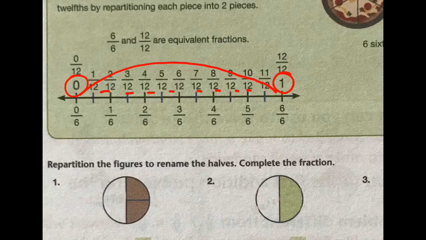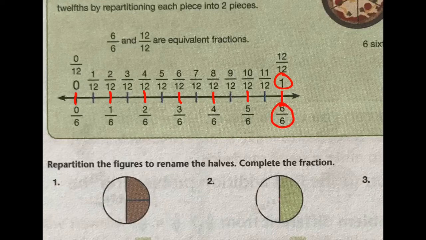So let me erase all of those. So we found out that 6/6, if I look here, these are the lines that divide this one whole, remember the 1, into 6. So here's 6/6, and then I'm going to use this yellow.